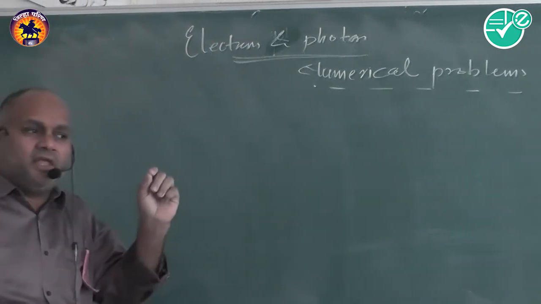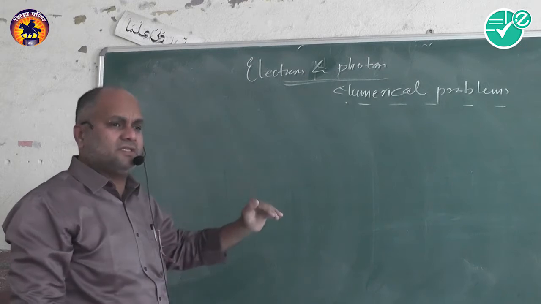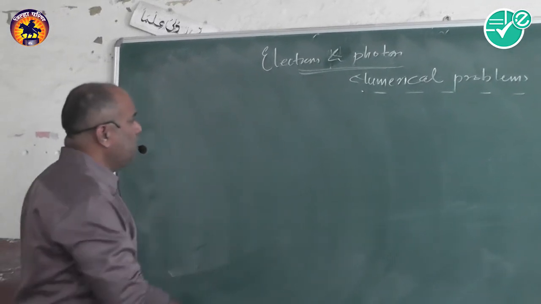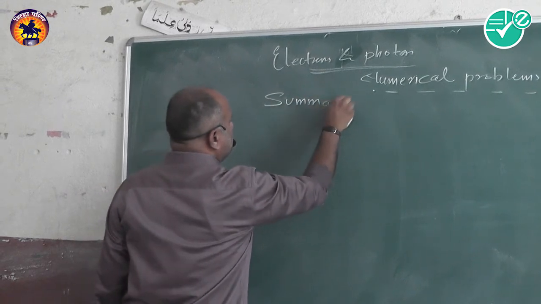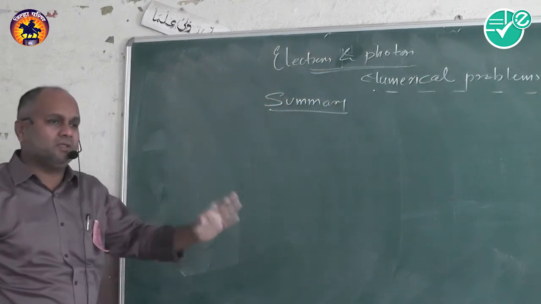If they go through this, then the most important part of physics, that is the numerical, will be most easy. So I always write the summary first, because if you remember the summary of a chapter, then you can easily solve the problem.